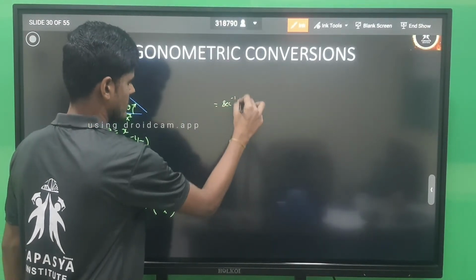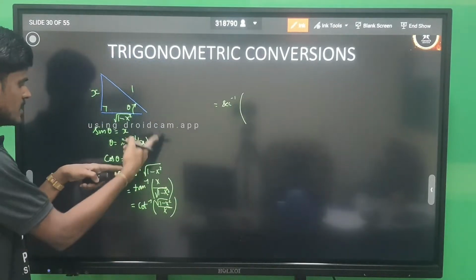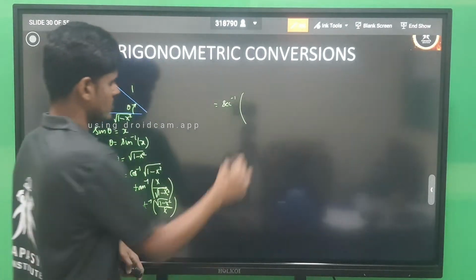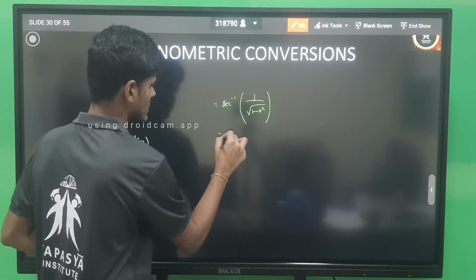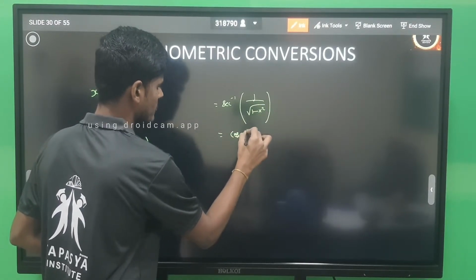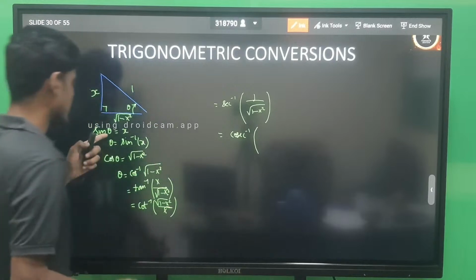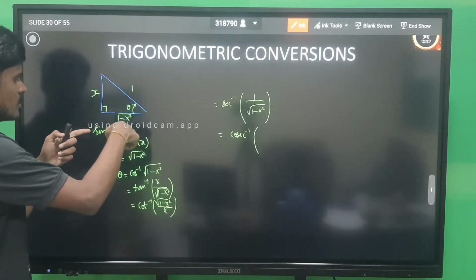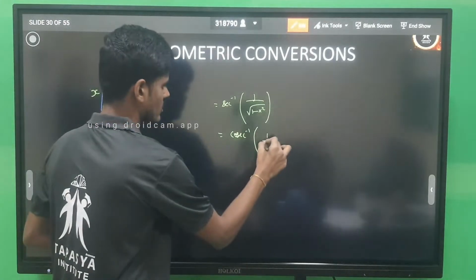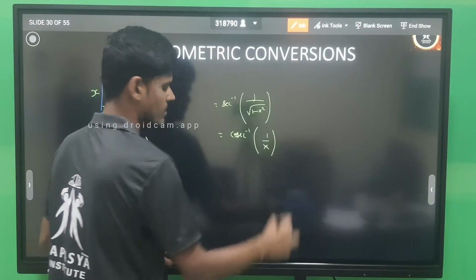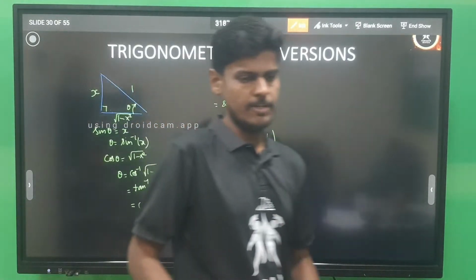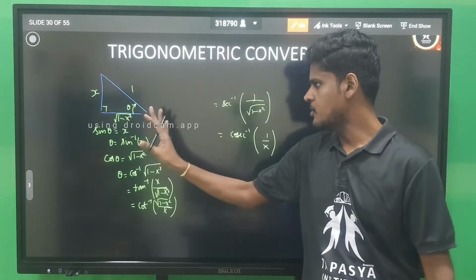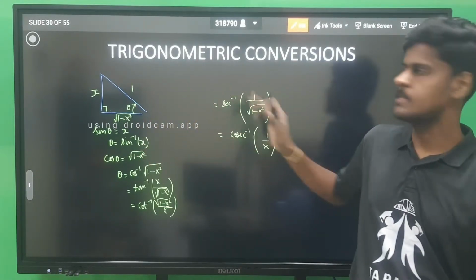This is secant inverse of, just the reciprocal of cos theta, so it will be 1 by root over 1 minus x square. And this is again equal to cosecant inverse of, cosecant and sine are reciprocals, so cosecant theta is 1 by x. So cosecant inverse of 1 by x. This is how we will convert between different trigonometric functions. This is very useful while solving problems.